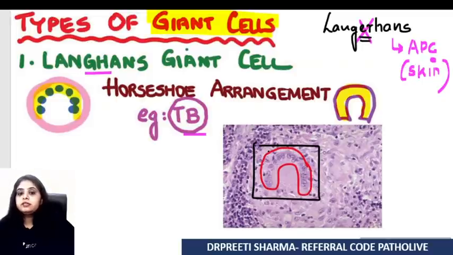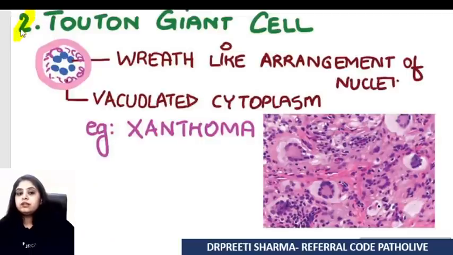Let's move forward. The second one that I have is known as the Touton giant cell. And where do I see it? In lipid-related disorders, xanthoma. How do I identify this one? If this is a giant cell out here that you're seeing, you can very well appreciate how the nuclei are arranged. They are arranged in a round manner. Same way over here.